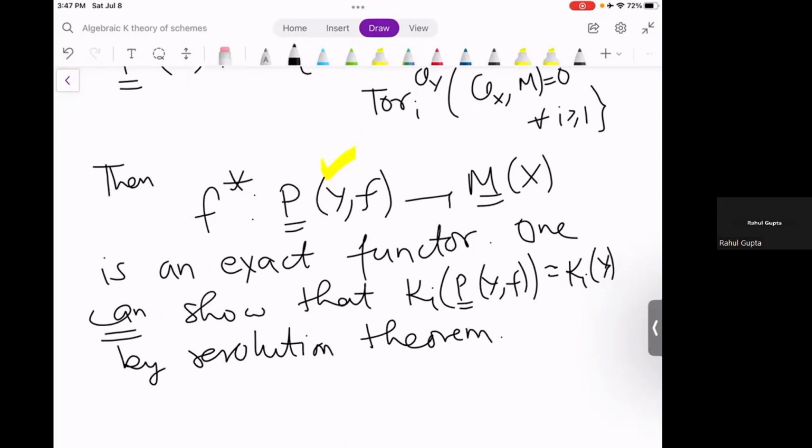So there is a trick. Whenever you want to define a functor between two K theories, suppose there are K theories of two schemes, or any exact categories, and your initial functor between the exact categories was not exact, you take the subcategories where the functor is exact and hope that by some magic the K theories of these two things will be isomorphic.